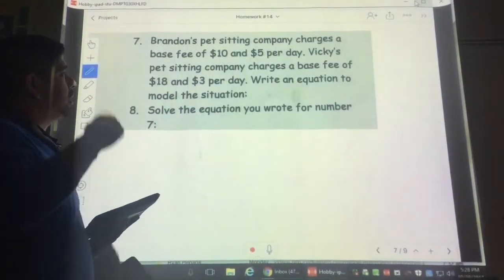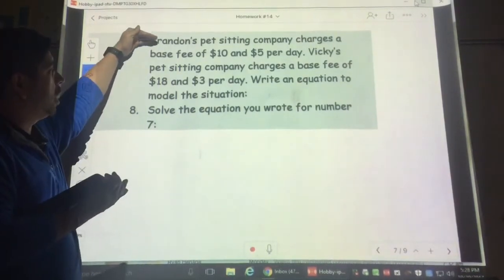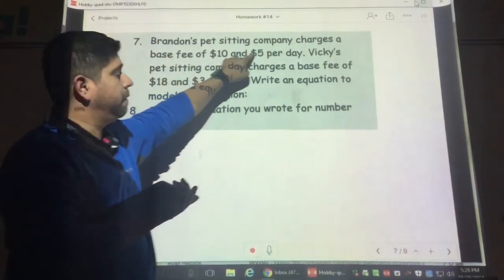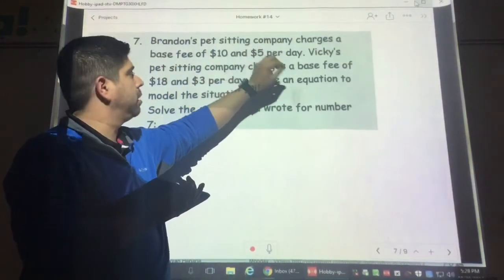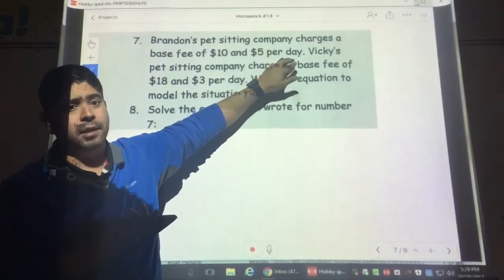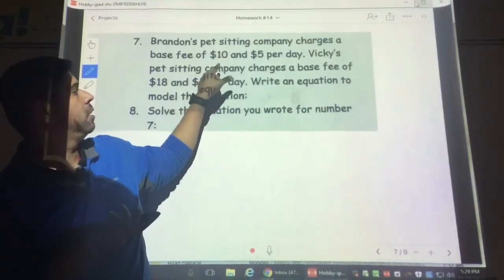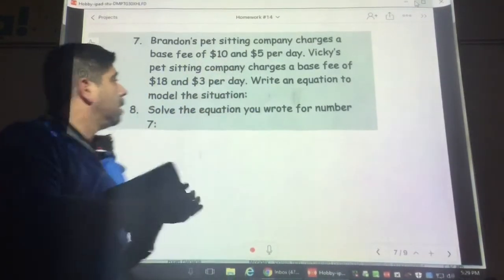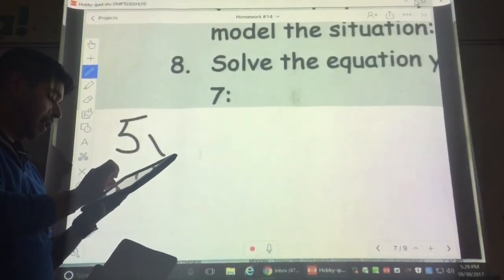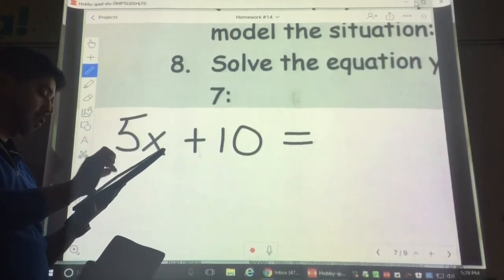So, like I said, y'all are getting really good at knowing what number goes with the variable. So for Brandon's Pet Sitting Company, he's got a base fee of $10 and then $5 per day. Y'all know that the $5 per day is going to be 5x. And then plus 10 because it's a fee of $10. So, on one side of my equation, I'm going to have 5x plus 10 equals.